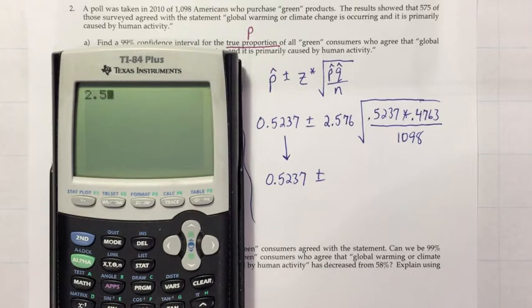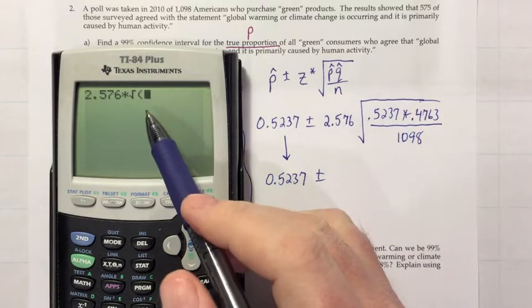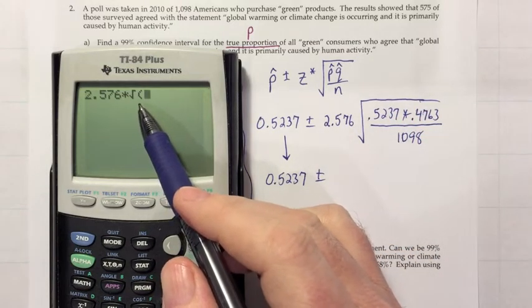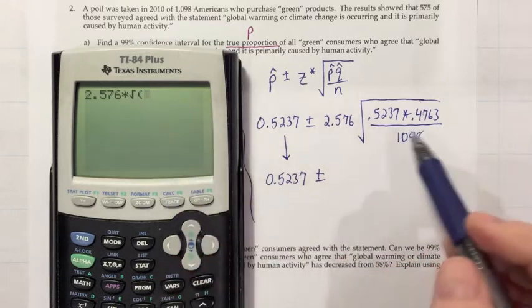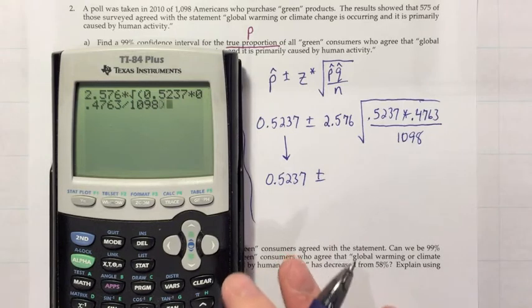And 2.576 times the square root of all three of those things. So the calculator is opening the parentheses on the square root. We don't want to close that set of parentheses till all three numbers are in there and therefore under the square root. So 0.5237 times 0.4763 divided by 1098.